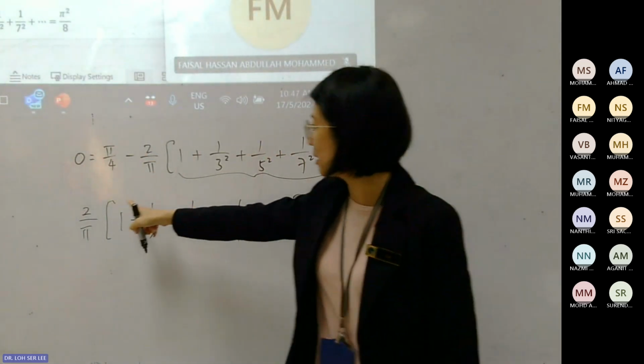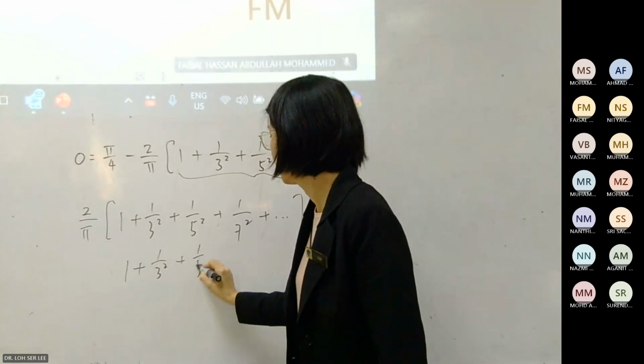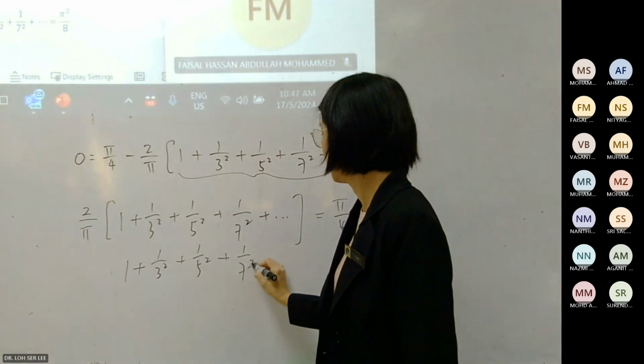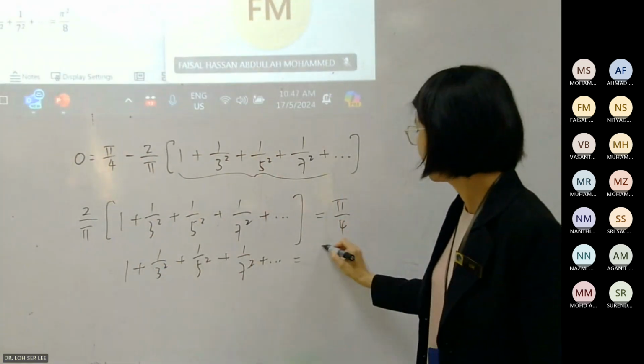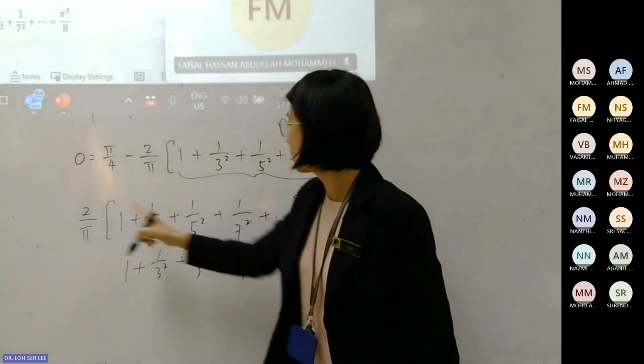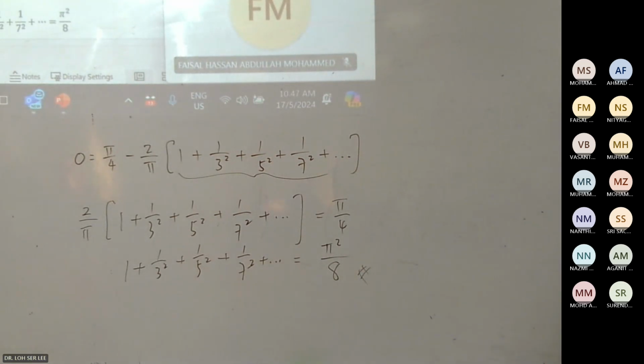Then we want only this, so pi goes up, 2 goes down, then you get this.